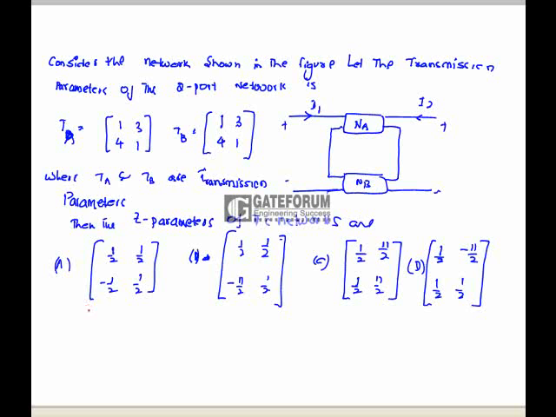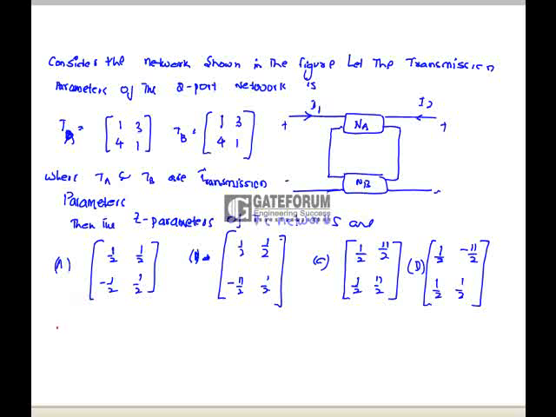For the network shown in the figure, let the transmission parameters of the two-port networks NA and NB be TA and TB respectively. TA is given as 1341, TB is given as 1341. So the connection is a series connection, so the complete network Z parameter matrix is the addition of the individual Z parameter matrices. So in order to get the whole Z matrix, we have to convert the individual network T parameter matrices into Z parameter matrices.